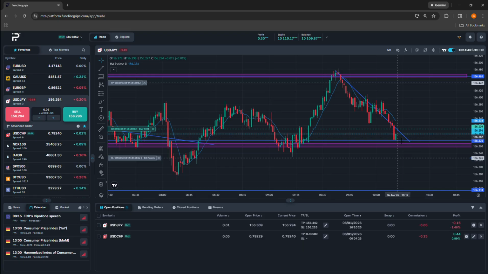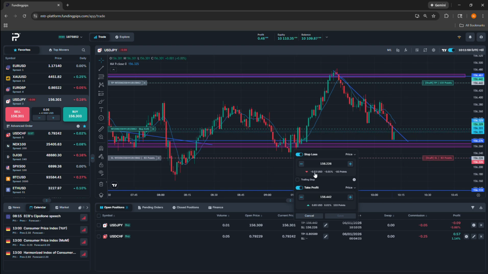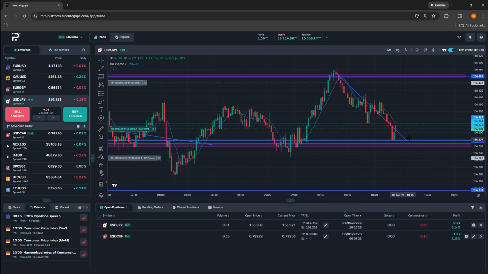So if I look at that, that's about 85 cents. So if we got 10 of those, that would be $8.50. But if I go with one lot, that's going to be 85 bucks right there, and the loss will be 53 bucks. So when I look at this, this is indicating to me that there's support here.